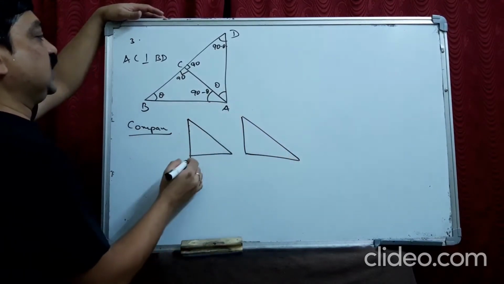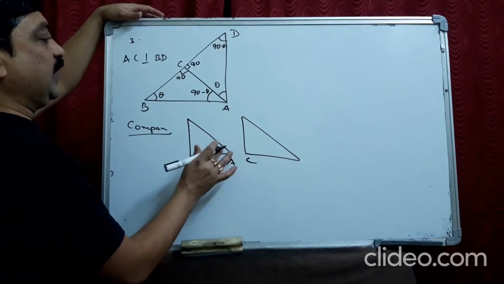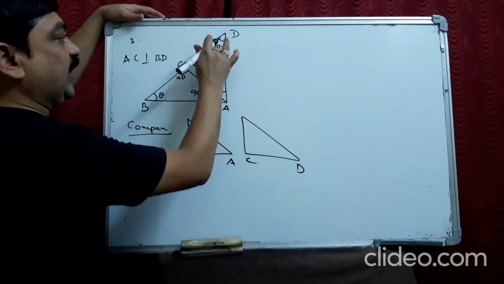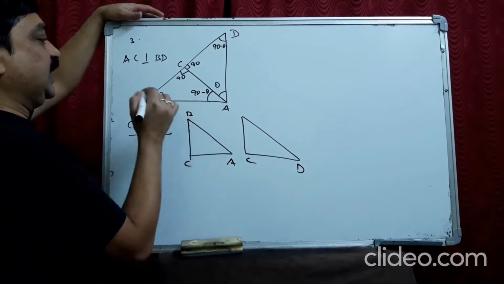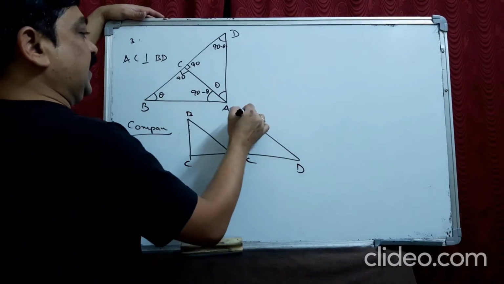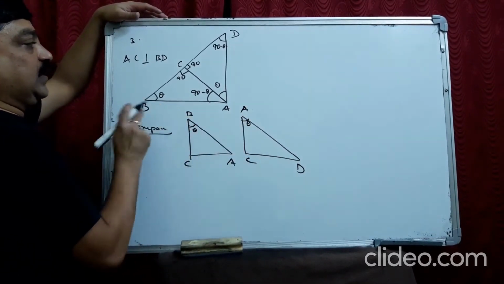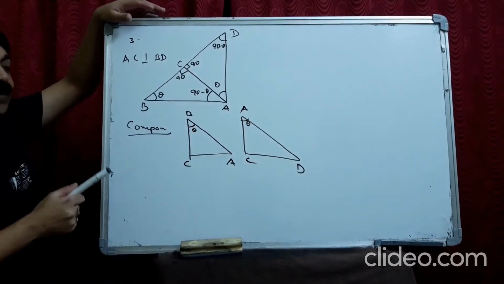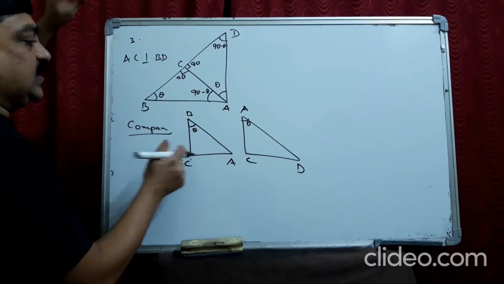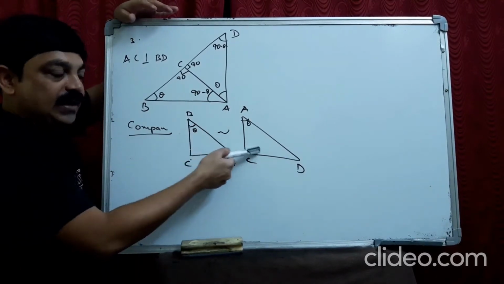2 small triangles. This is C here, C here. When I take A here, 90 minus theta, it should be D here, 90 minus theta. So it becomes ACP theta, and it becomes A here because it is theta. When you see both the triangles, where is theta? Here it is A, here it is at B. Now let us compare both the triangles. No doubt these 2 triangles are similar because the angles are same and the right angles.